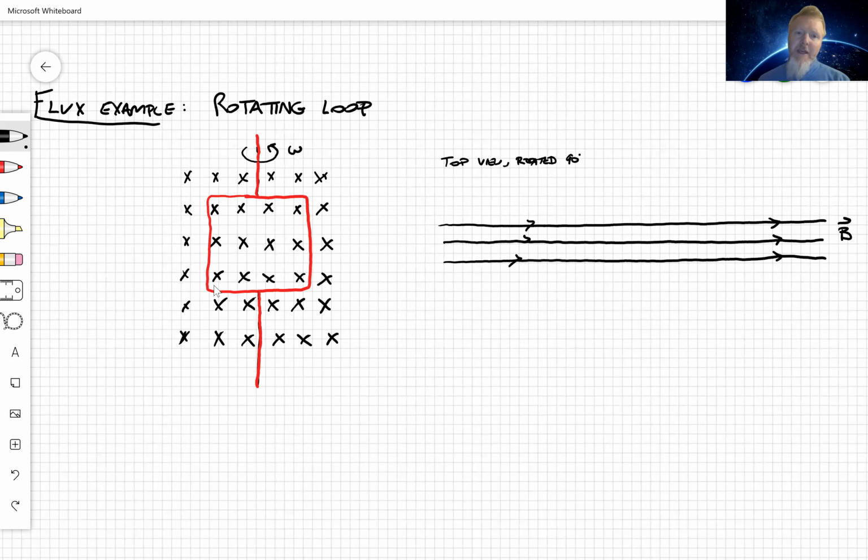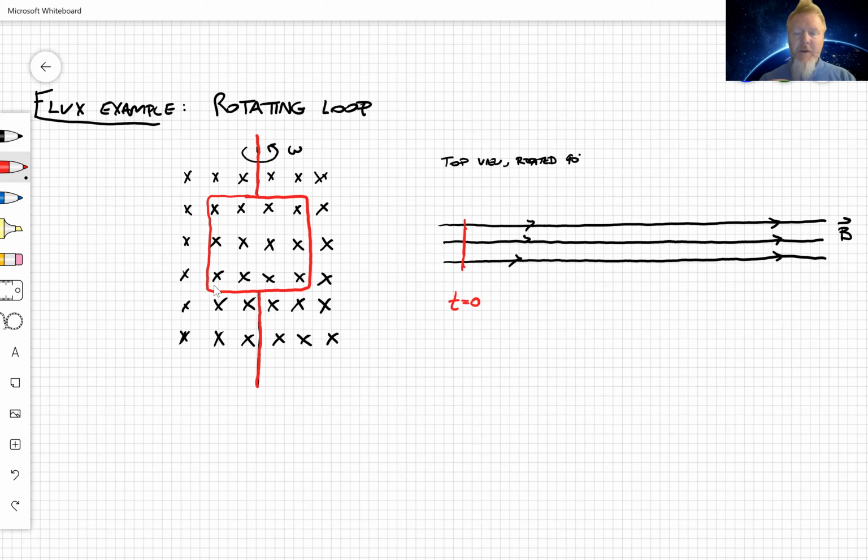So if you're looking at the loop to start with, we can say time t equals 0. Now the loop is here. At this point, I think you can see the flux is going to be a maximum through this loop. I'll make the loop a little bit bigger so I can catch these outside ones.